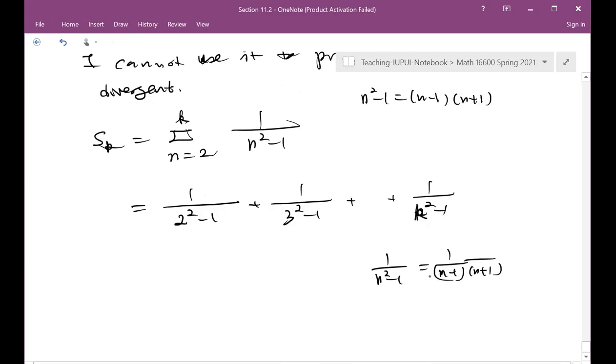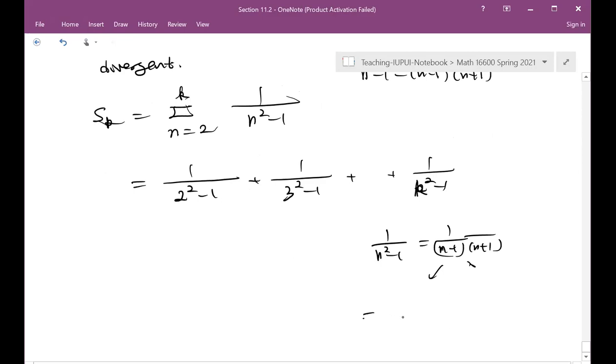So can I decompose it into two parts? The answer is possible, but when you combine them, I get 2 on the top, because n plus 1 minus n minus 1 is 2. So I have to divide by 2, and that's a key step.